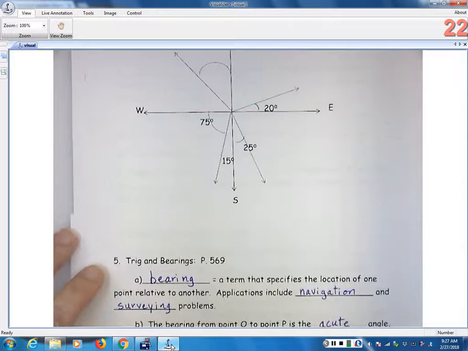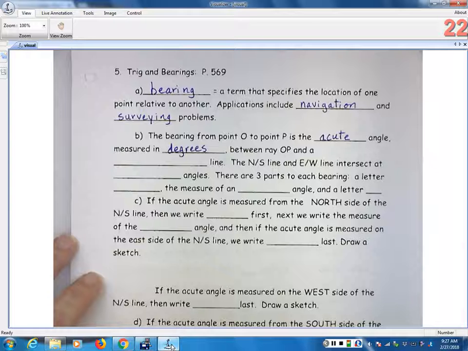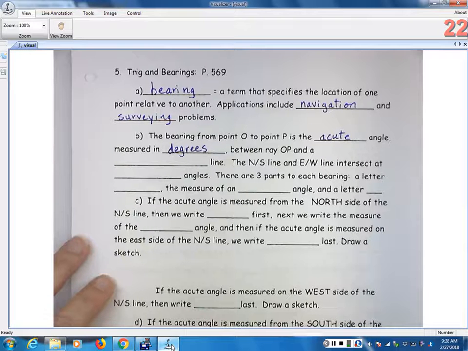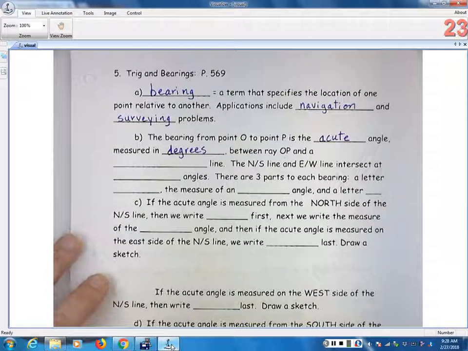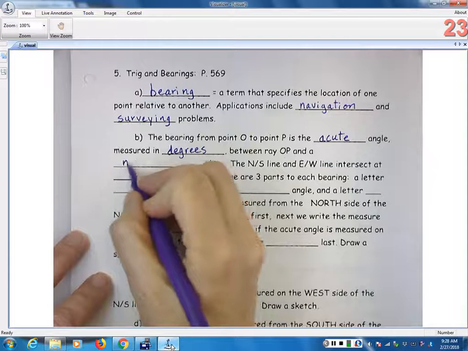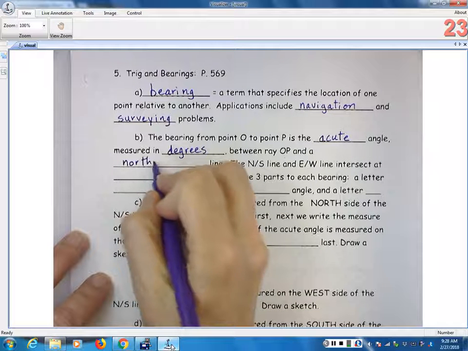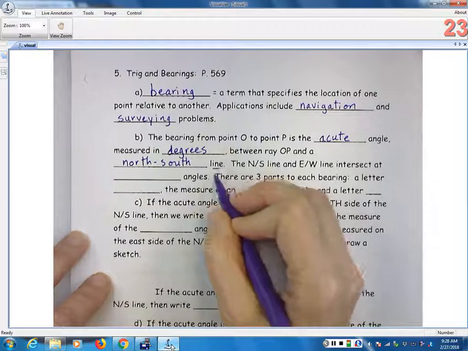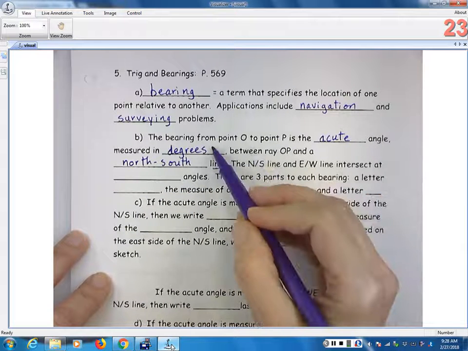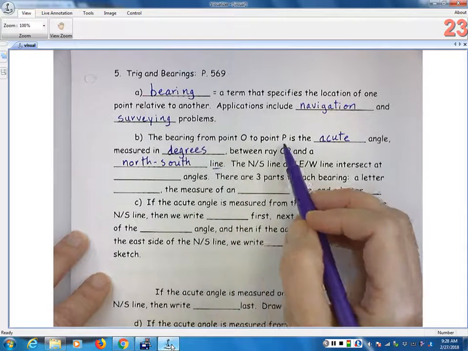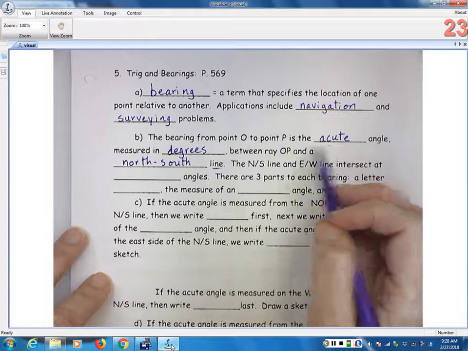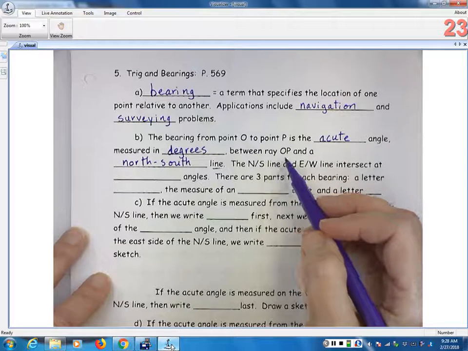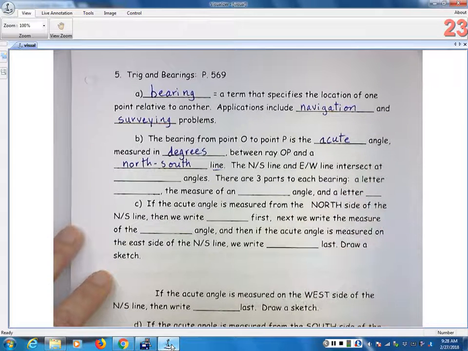So the bearing from point O to P is the acute angle measured in degrees between ray OP and a north-south line.